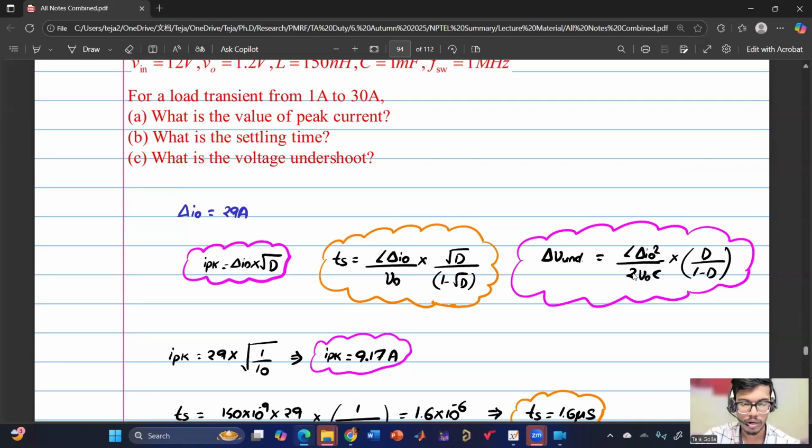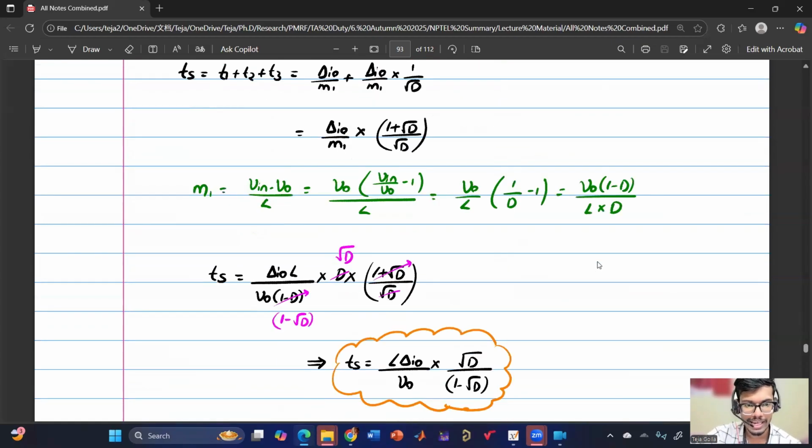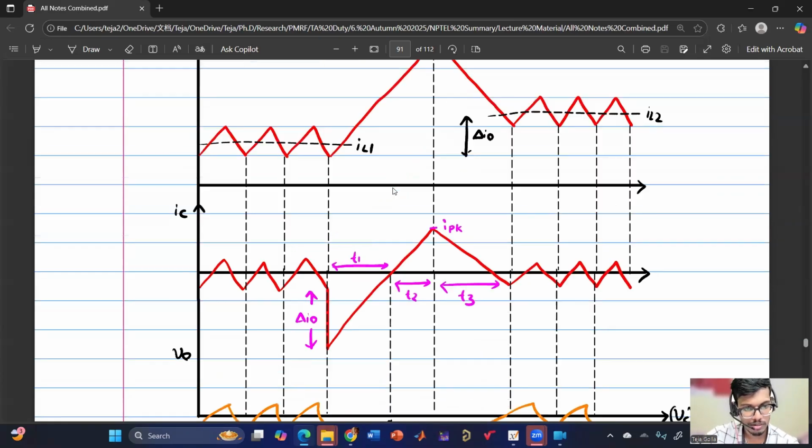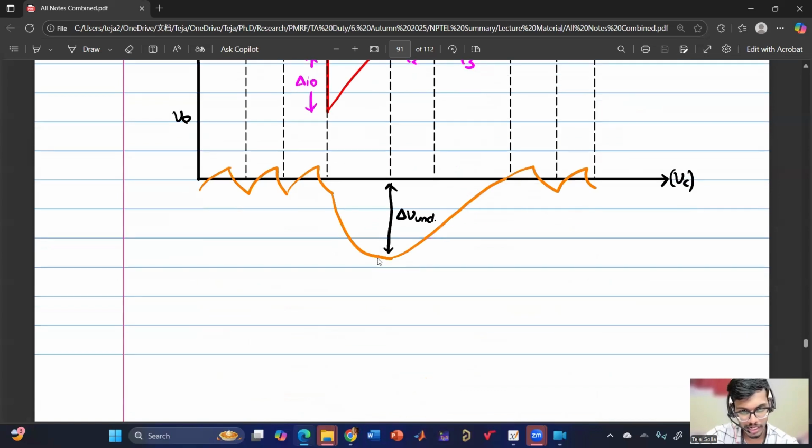That's a very good point that you have identified. In this method, if you see the M1 slope, we have assumed that it is constant, but it is not constant because V0 is changing, right?